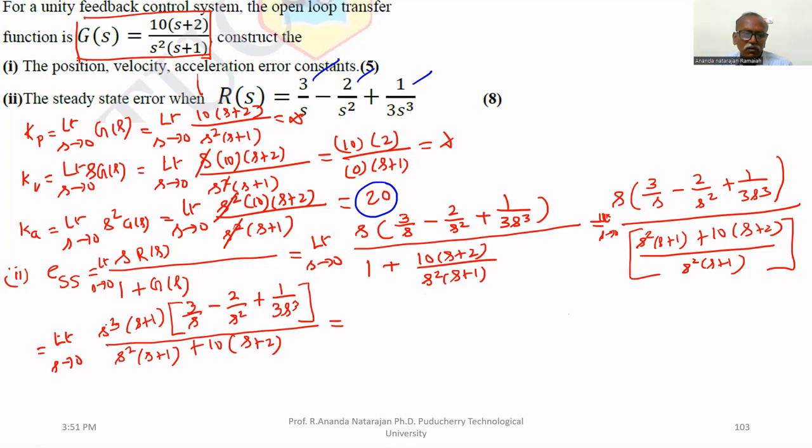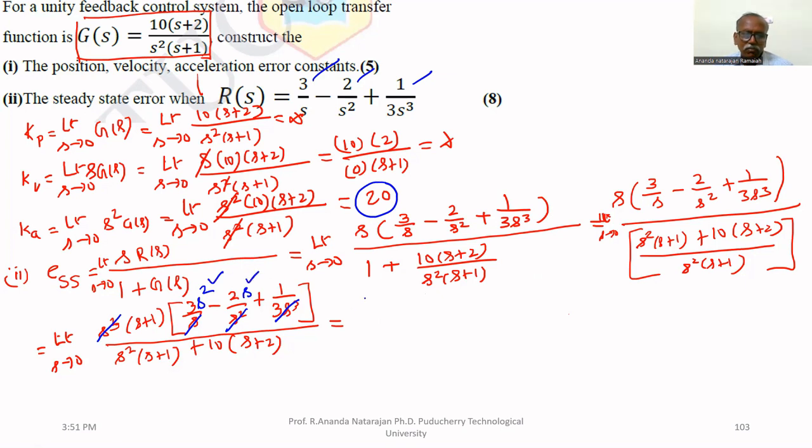If you bring this S cube here, this will consist of S square. And if you bring this here, this gets cancelled and S square you will get. Here, this is getting cancelled, you will get S here. Now, if you substitute S equal to 0, these two terms become 0.